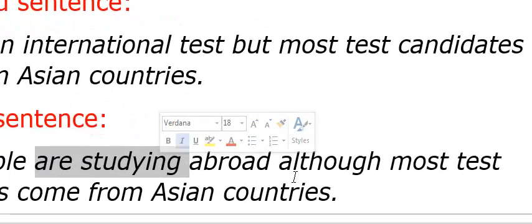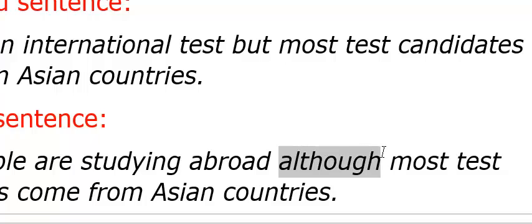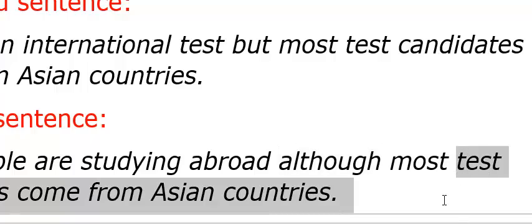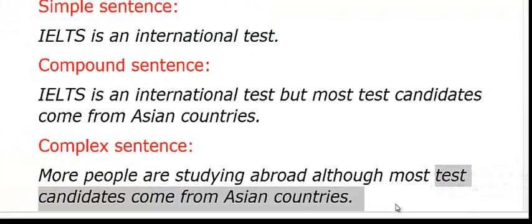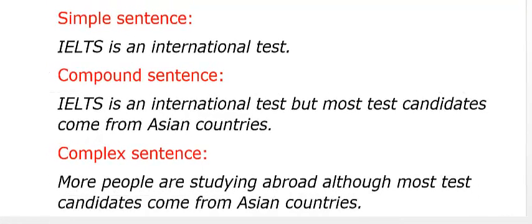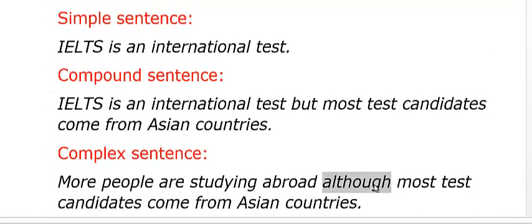The difference is we have here a subordinate conjunction joining the subordinate clause. Test candidates come from Asian countries. So what I have done by using a subordinate conjunction is that I have made one idea more important than the other idea in the sentence.